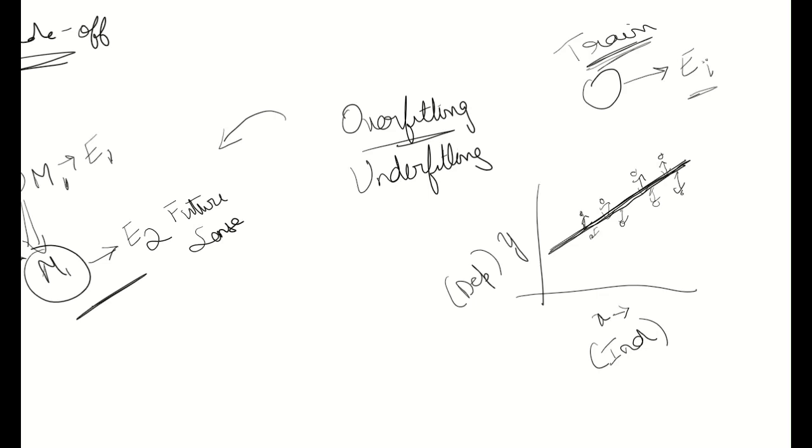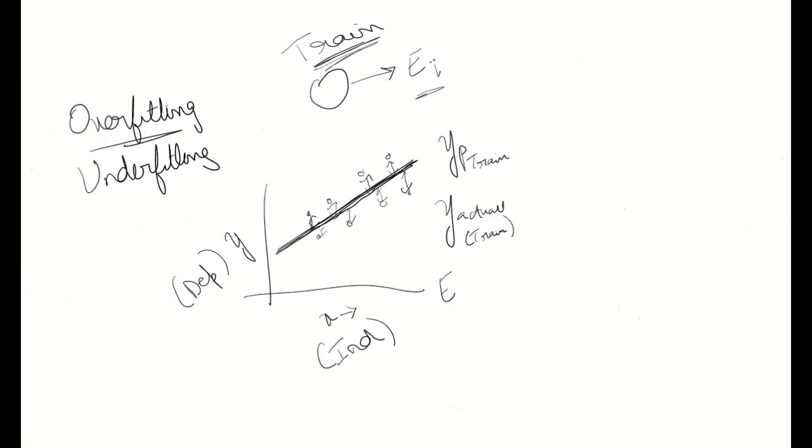The points that we see on the line are called the predicted values on the training data. Now y actual is the data that we feed it, or the points that are there in the training data, and our errors on the training data will be y predicted minus y actual.